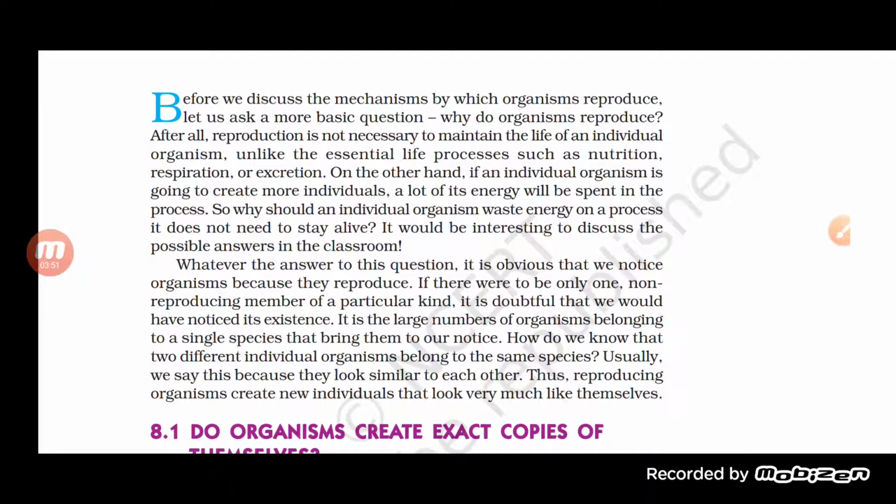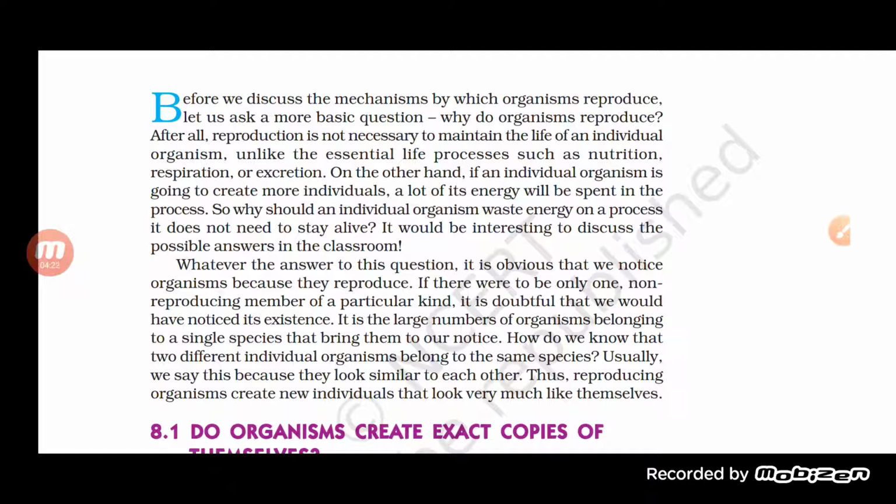Reproduction is essential. Why? For survival. If no reproduction occurs, there will be no survival of the species. Why is there a continuous decrease in the number of species these days? The first thing is that they are not able to survive attacks, and the second is that they are not reproducing in good numbers, and because of that their survival is in danger.